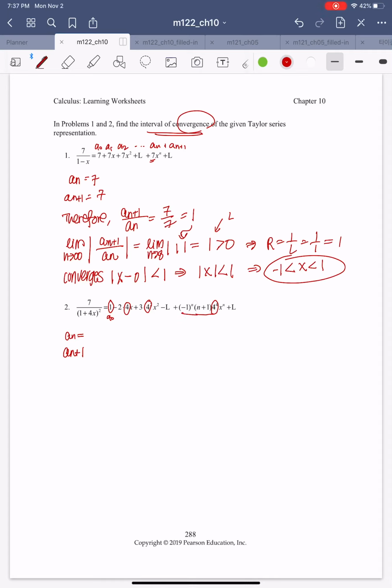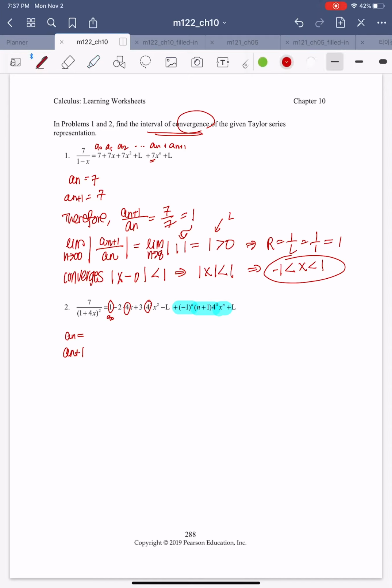So this is your nth term. a sub n looks like -1, and then x plus 1, and 4 raised to some power.